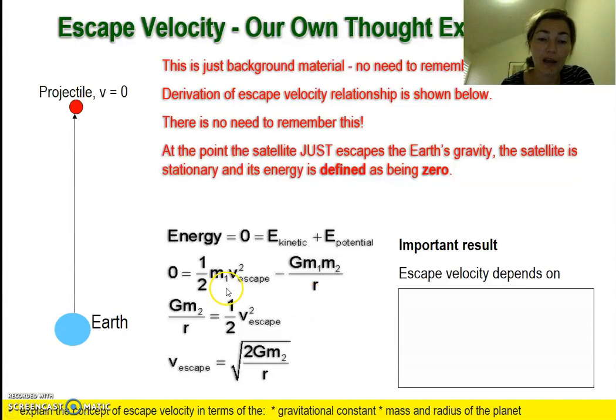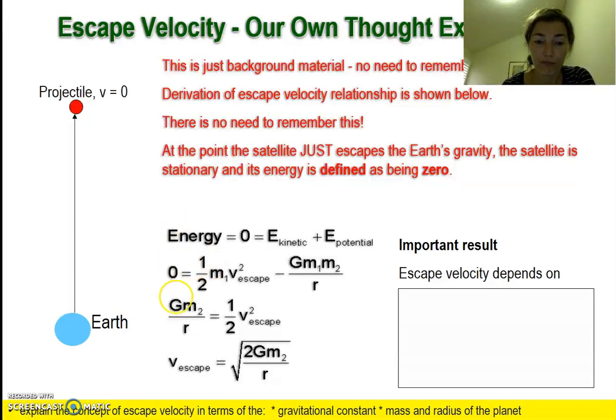And when we put them in, the circular motion equation is linked to the kinetic energy, and the potential energy is linked to the force of gravity equation. They're both equal to 0, or they're conserved, so one will equal the other.